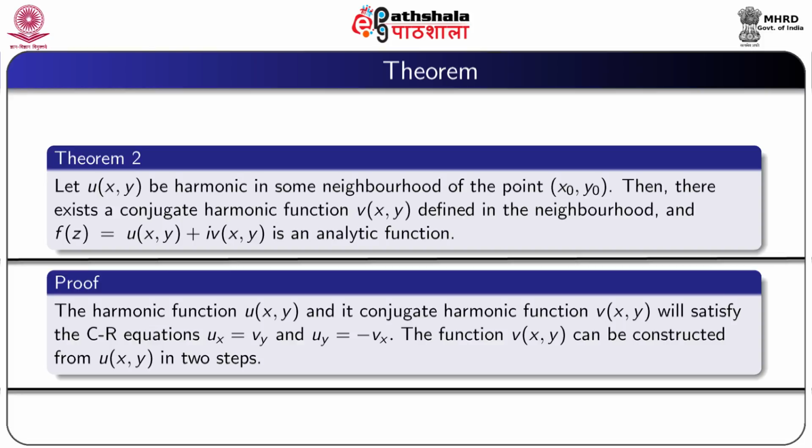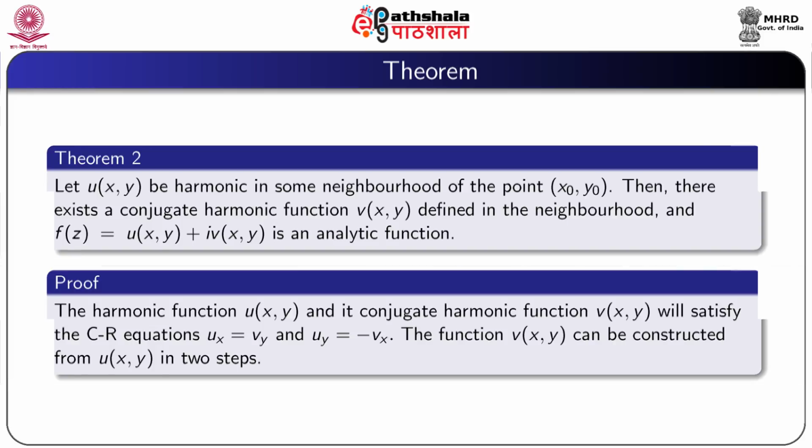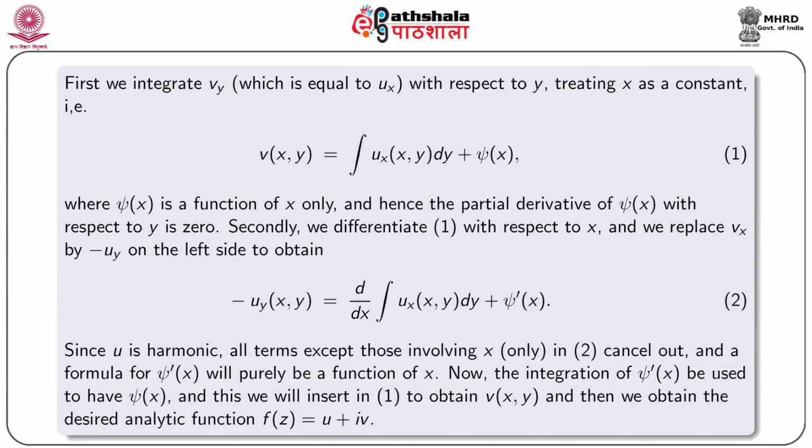The function v(x,y) can be constructed from u(x,y) in two steps. Number 1, first we integrate ∂v/∂y, that is v_y, which is also equal to u_x, with respect to y, treating x as a constant.